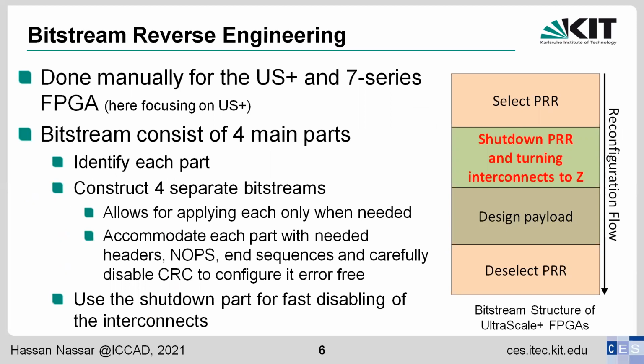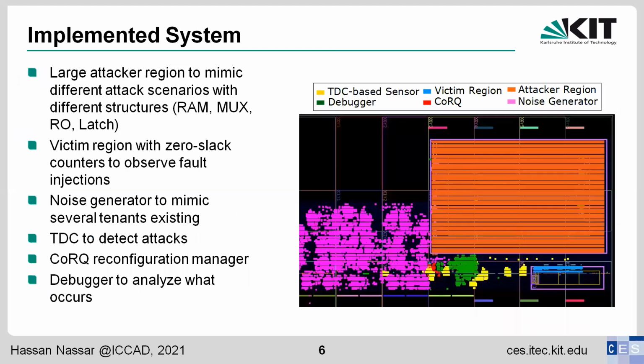For example, we can select the malicious tenant, and when there is real malicious activity, we disable it. Building these bitstreams needed care with the NOPs and the CRCs in order not to have errors. And we use the shutdown part to be able to disable these interconnects.